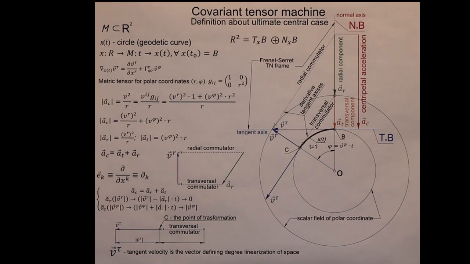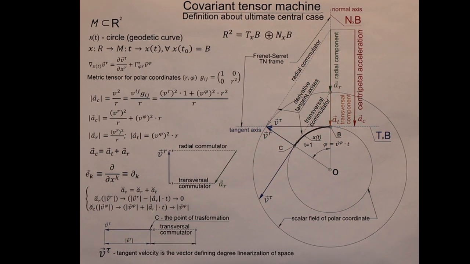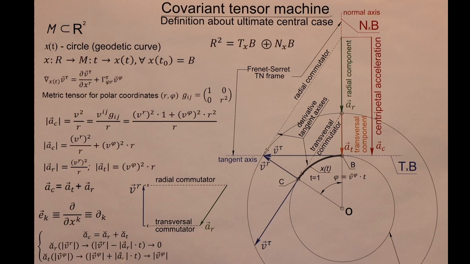A few words about how the covariant tensor machine works in the graphical method. At point B, it is necessary to draw the velocity vector at a scale. But remember that the action of the covariant tensor machine occurs at t equal to 1.